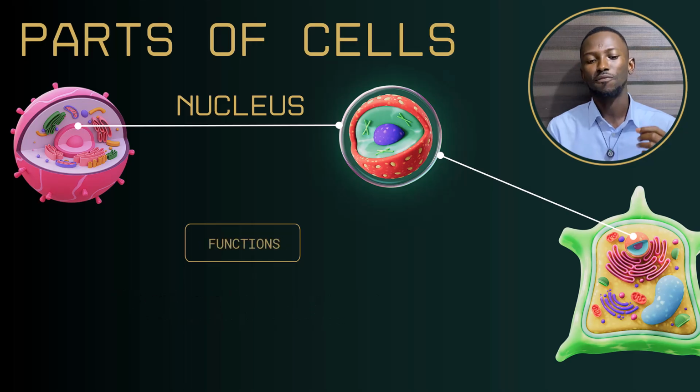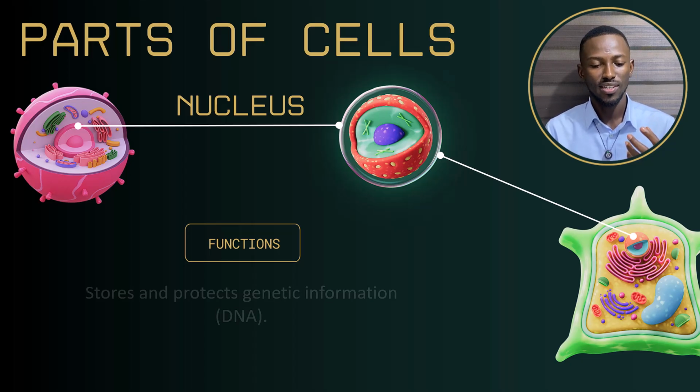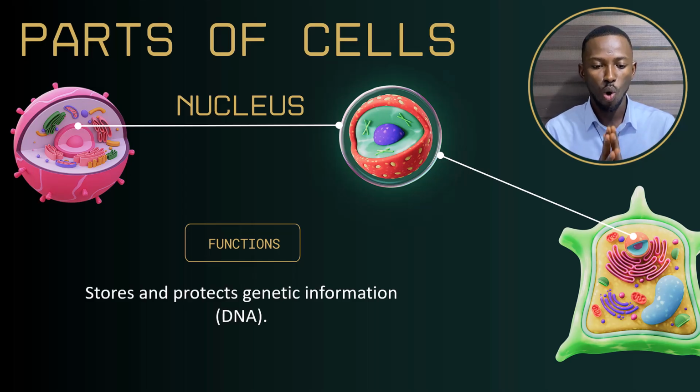But what are some functions of the nucleus? Remember we said the nucleus acts like the manager of the factory? So let's look at some of the functions of the nucleus. The first function I have here is to store and protect genetic information, that is the DNA. So inside the nucleus is the genetic information, the deoxyribonucleic acid of the cell, the DNA.